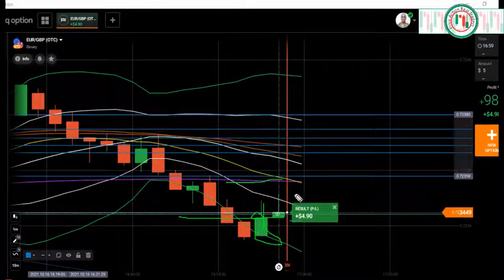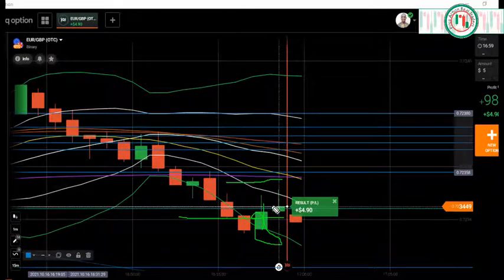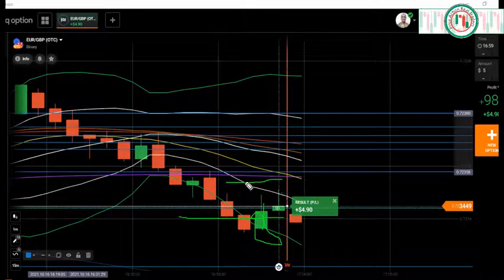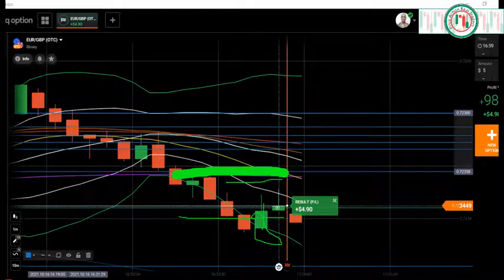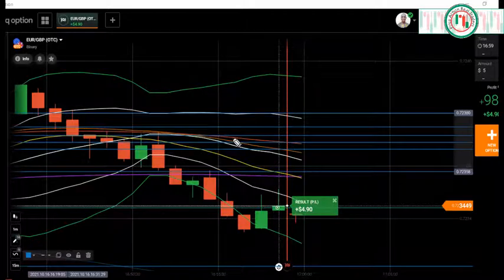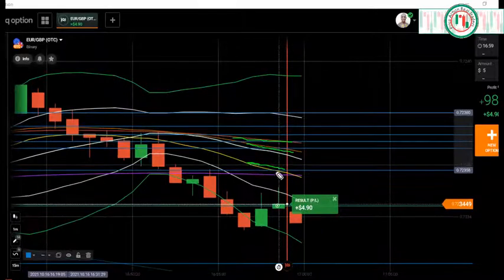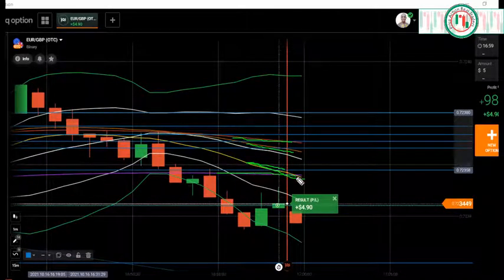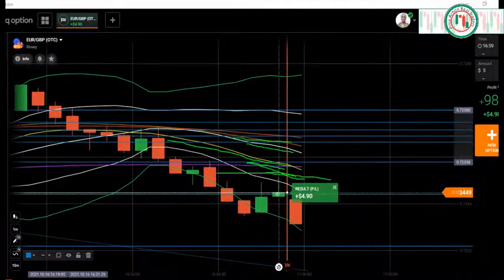You see, close in the money, but no problem. This is the Fibonacci level, and this is the flat 200 EMA. Sorry, but the trend is a bit downtrend, and market is trying to change trend on higher time frame, because you see this 20 MA is trying to cross this 200 EMA.